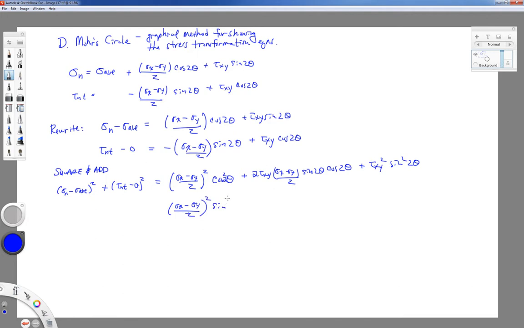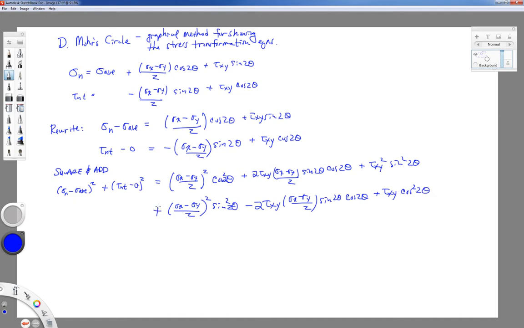But now it's sine squared 2 theta, and my cross term is negative, so minus 2 tau xy, sigma x minus sigma y over 2, and I have a sine 2 theta and a cosine 2 theta in that term. And on my last term, I have a plus tau xy squared and a cosine squared 2 theta.